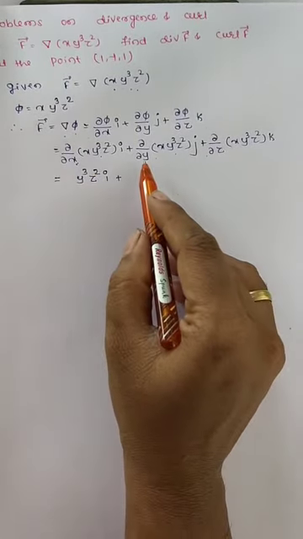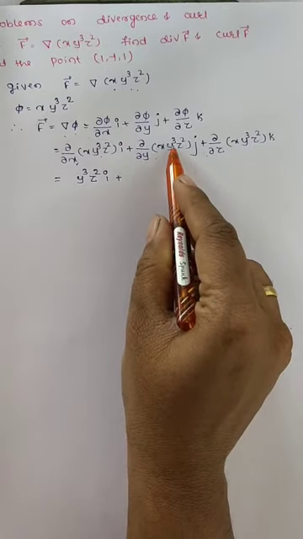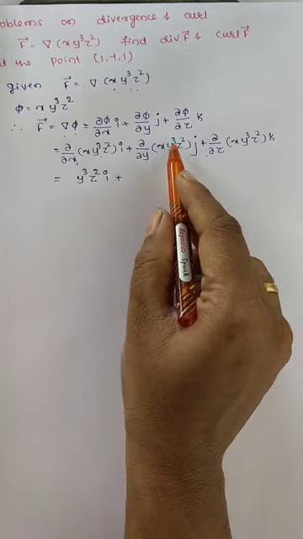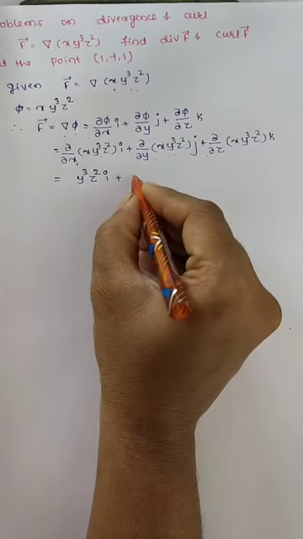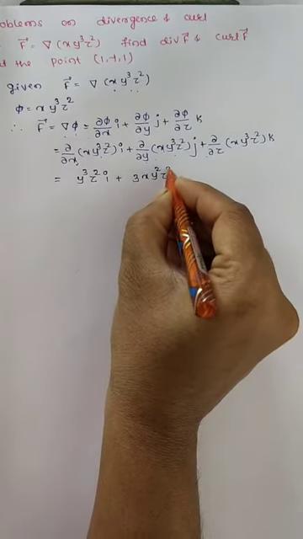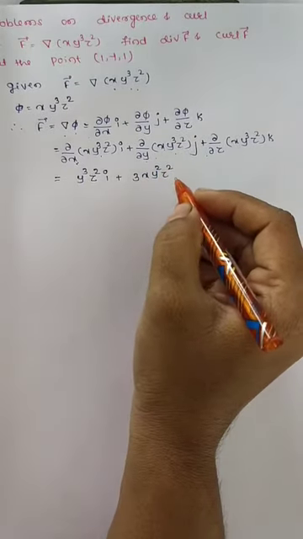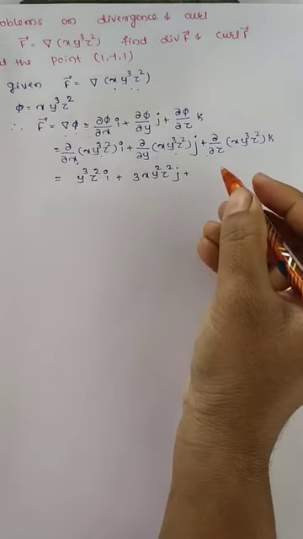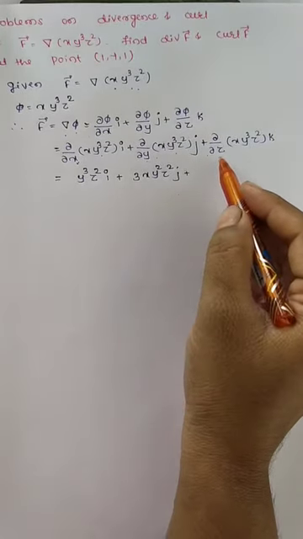Now we differentiate with respect to y. Here x and z are constants. The differentiation of y cube is 3y square, giving 3x y square z square, with x and z square as constants, j plus dou by dou z of phi.